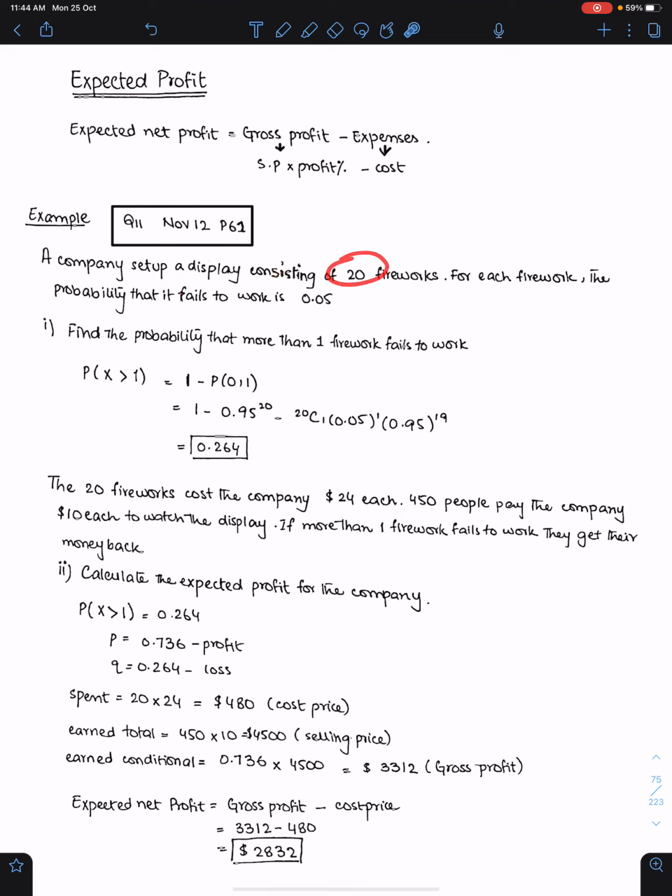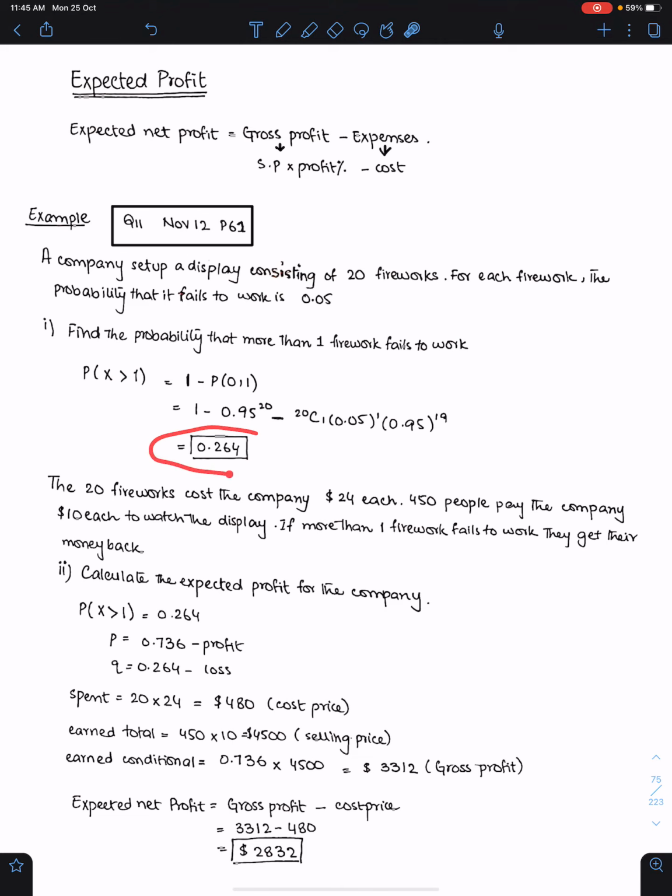We have n 20, p 0.05, so q will be 0.95. So the answer is this. The probability that more than one firework fails to work is 0.264.